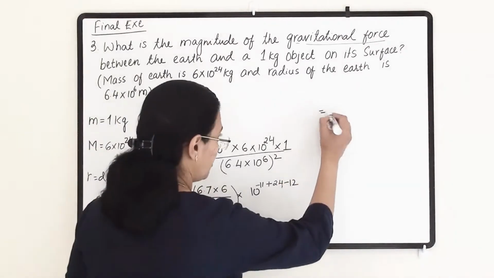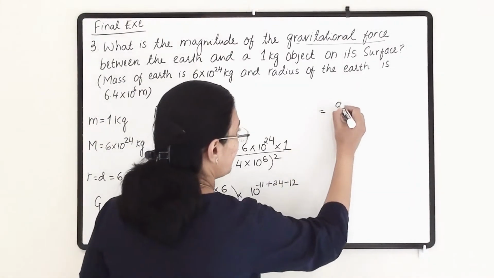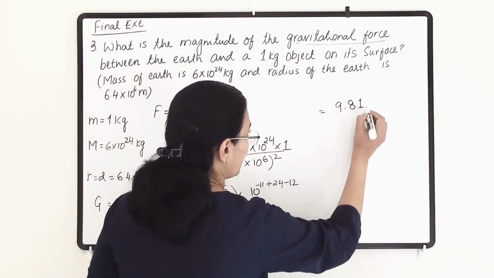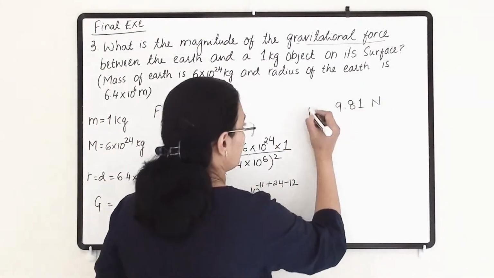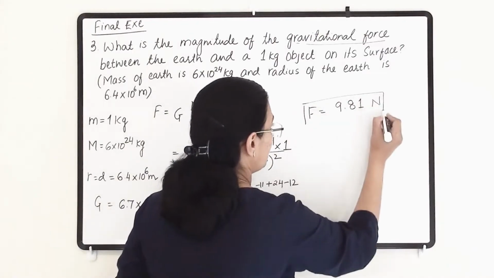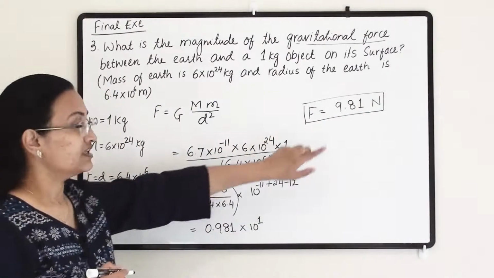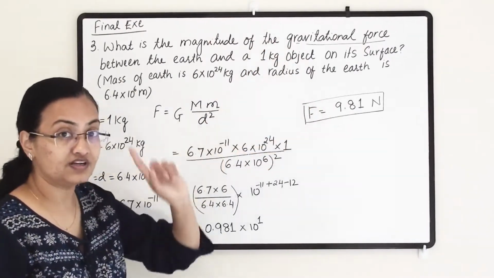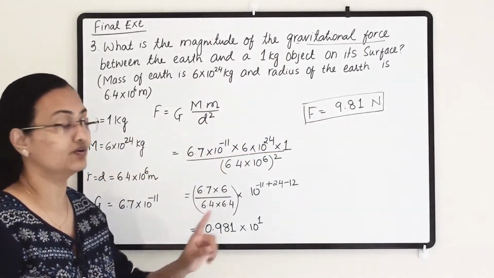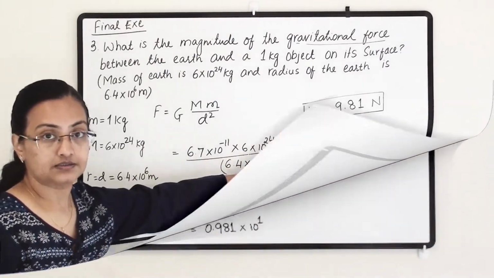So the answer we get here is 9.81, and this is a force, so the unit will be Newton. The force equals 9.81 Newton, and this is the magnitude of the gravitational force when a 1 kg object is lying on the surface of the earth.